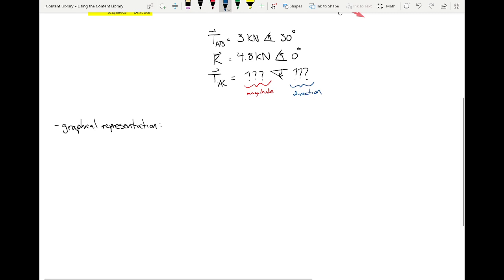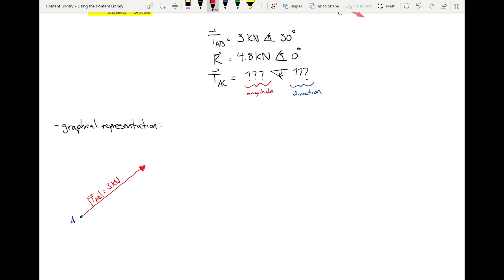So let's draw point A down here. So that's point A. And let's draw vector AB. So this is the tension in AB. Okay, so let's see what we know here. So I've got this vector. What does this mean again? The magnitude of AB is 3 kilonewtons, right?